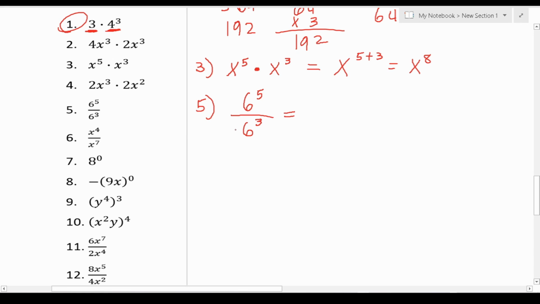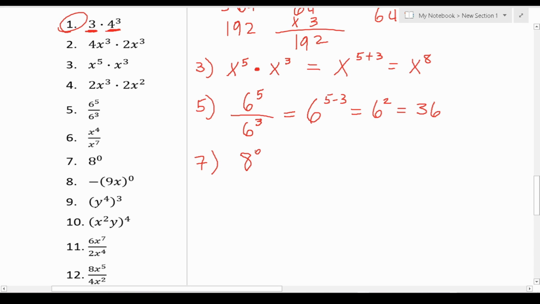So we can apply the quotient rule in this case. To use the quotient rule, you write down the base to start, and then instead of adding the exponents, you subtract them. So this is 6 to the 5 minus 3, which is the same as 6 squared, which is the same as 36.